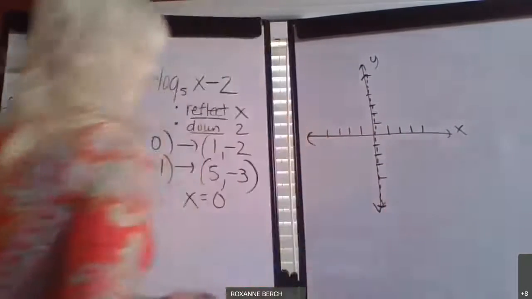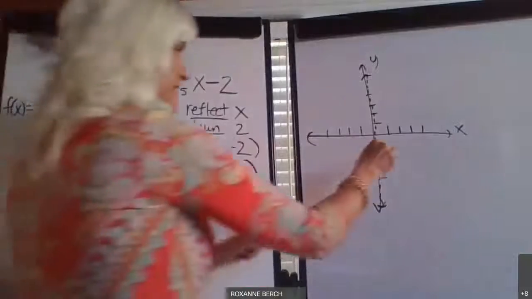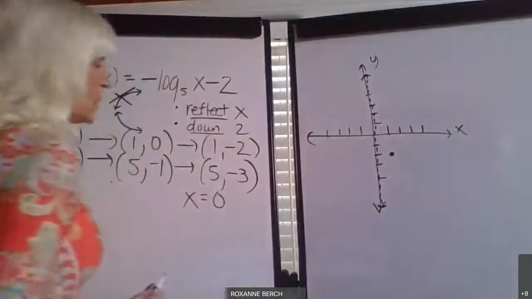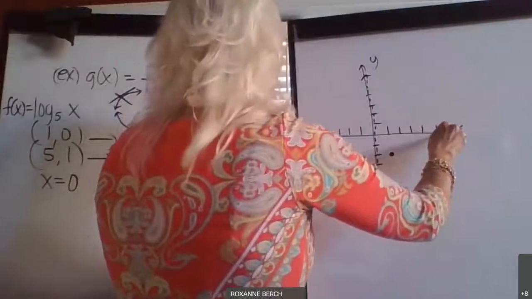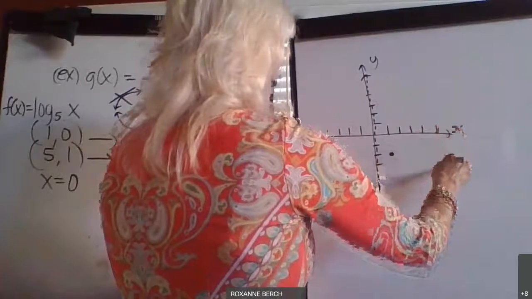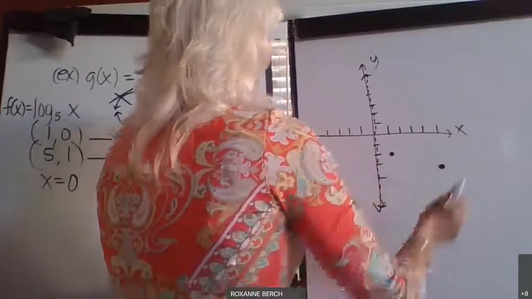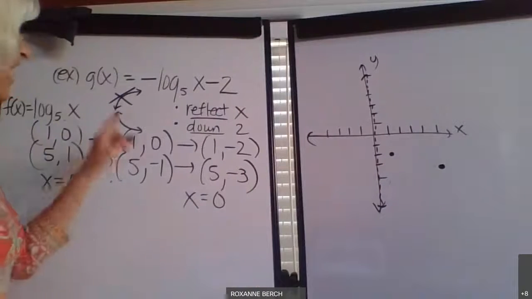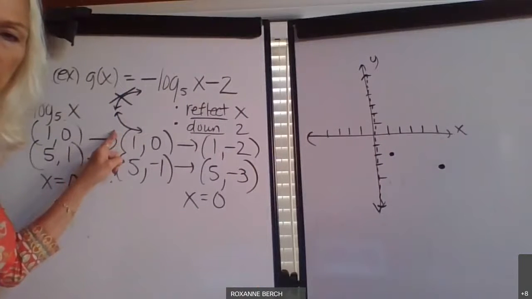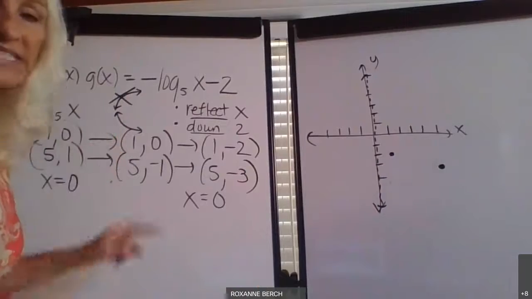All right, so we're going to graph right 1, down 2. We're going to graph right 5, down 3. And I don't know about you, but that's confusing. So that's why I drew this little picture. This little picture is saying run it along the y-axis like this.